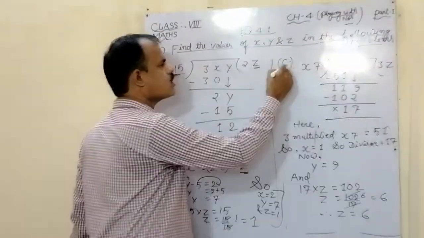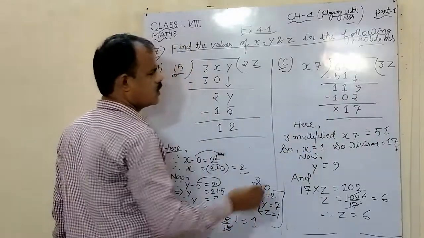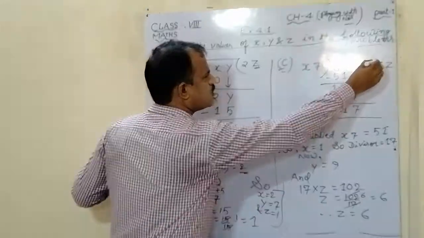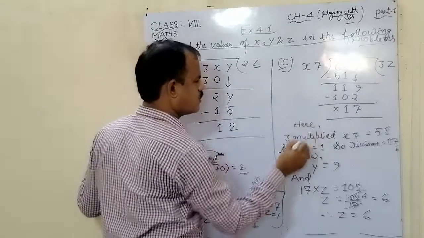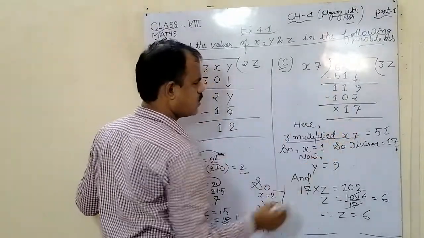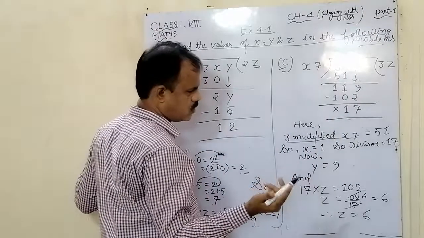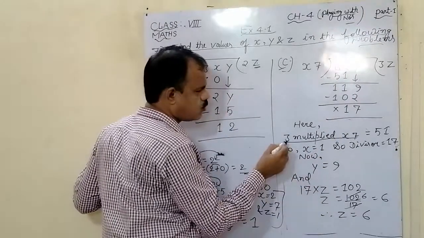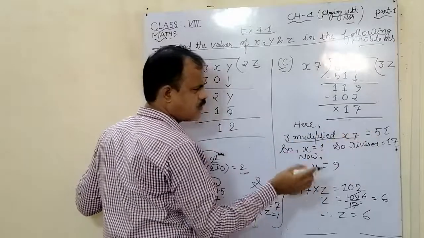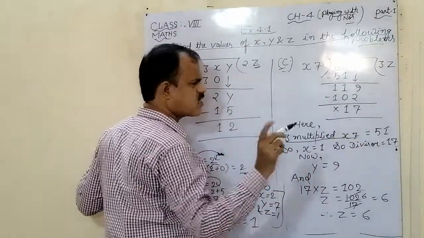See one more question. Here you see, when we multiply this 3 into x7, 3 multiplied by x7, the answer is 51. So obviously you can easily say by which number you multiply 3 so that the answer is 51. That number is 17.